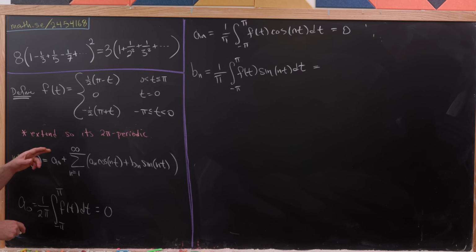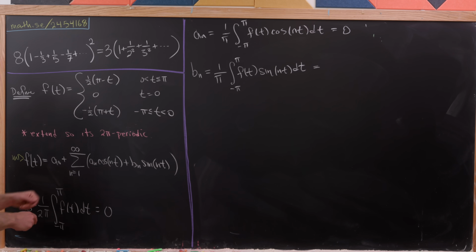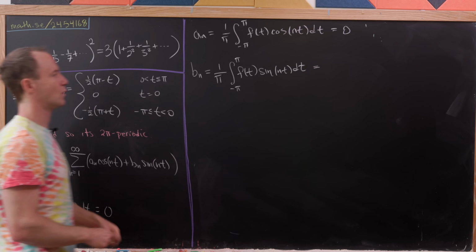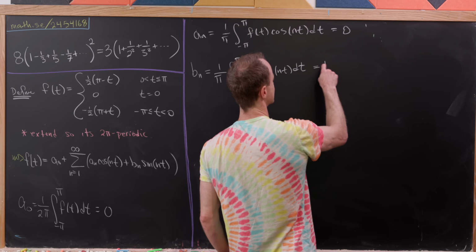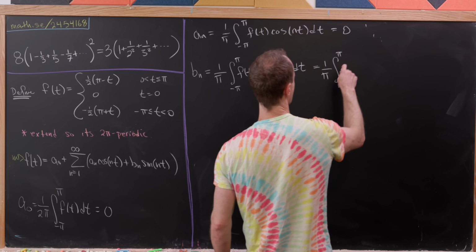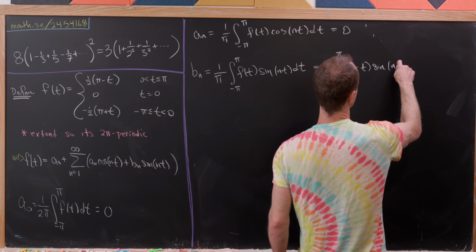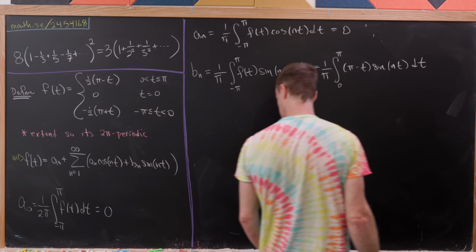And I'll do that simultaneously while taking the 2 associated with the change in bounds and canceling out with this 1/2. So that's going to leave us with a 1 over pi and then an integral from 0 to pi of pi minus t times the sine of n times t dt.